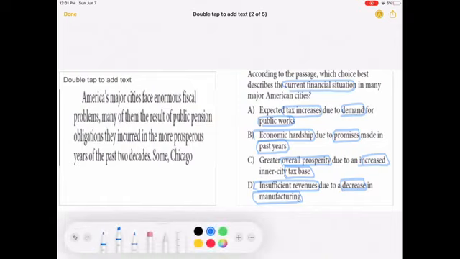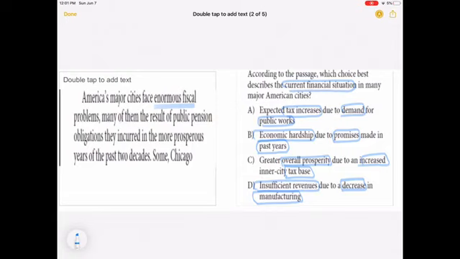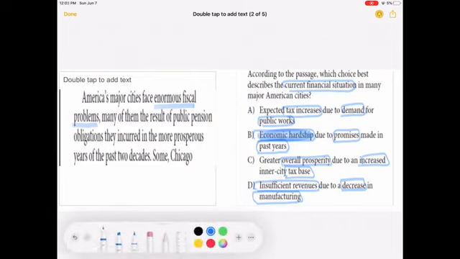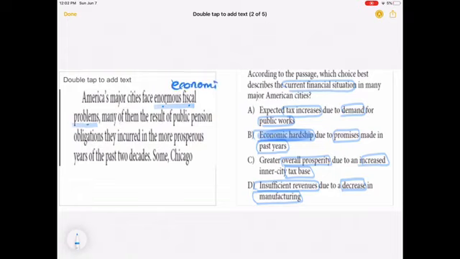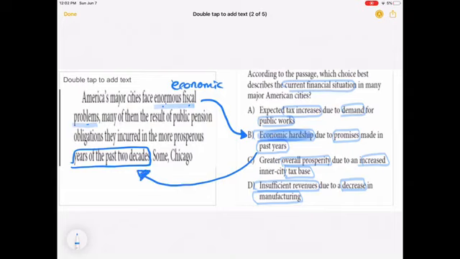Now, let's reread and see if we can pinpoint any restatements. America's major cities face enormous fiscal problems. We just read in the choices economic hardship. Fiscal means economic. So, enormous fiscal problems, or enormous economic problems, is the same as saying economic hardship. Many of them the result of public pension obligations they incurred in the more prosperous years of the past 2 decades are the past years that we're talking about.